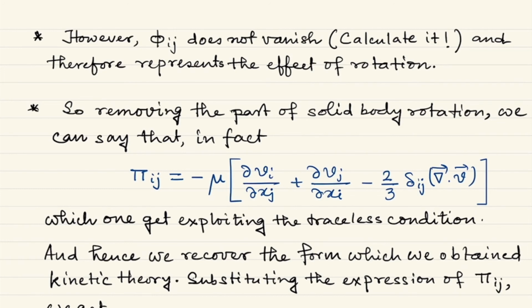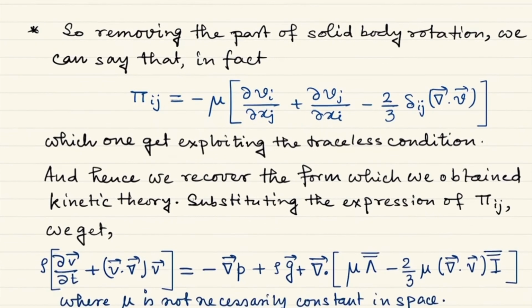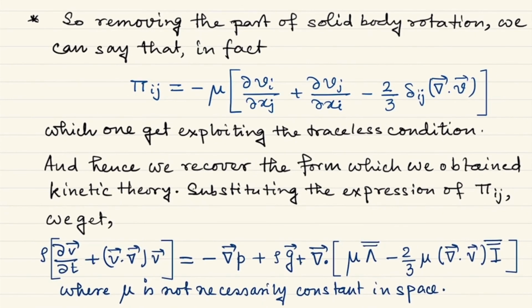But one thing is true: if you calculate, you will see that there is some divergence of V which appears, and from here you will have another divergence of V which appears, and finally that cancels, giving zero trace.